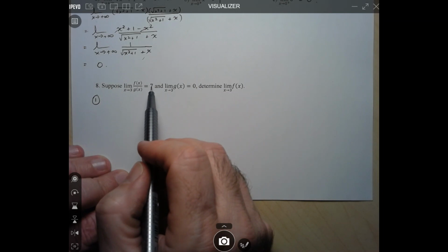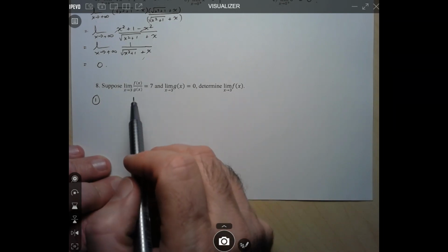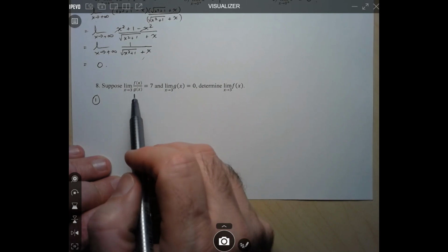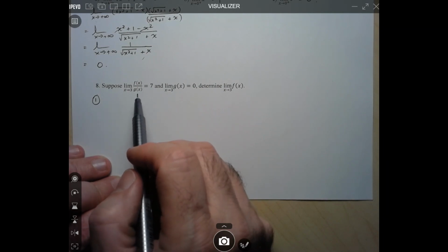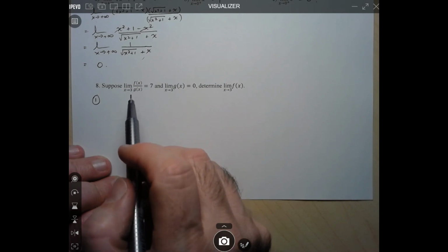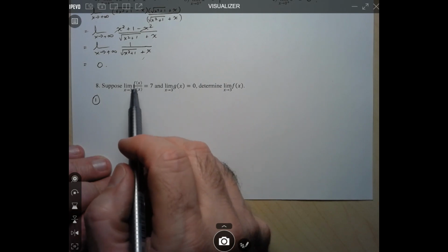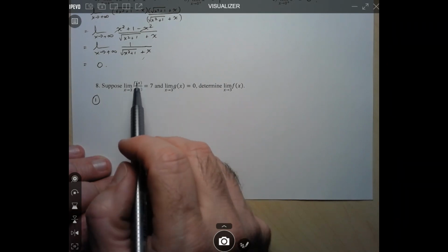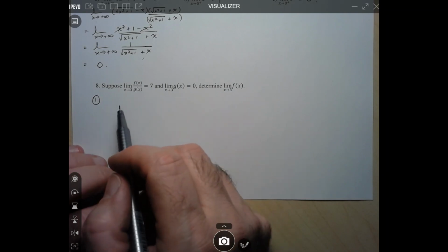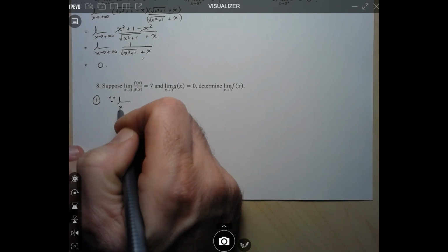Now this is where we have to be careful, because the fact that this limit is equal to 7 tells us that the limit exists, but the denominator is approaching 0. In many cases, the denominator approaching 0 means that the limit doesn't exist unless something else happens, unless the numerator is also approaching 0. And that is the reasoning we're going to use here.